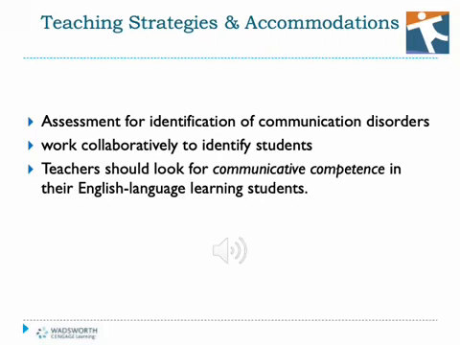Next, teachers should look for communicative competence in their English language learning students. In other words, these are children where English is not their home language. Communicative competence includes the ability to comprehend language as well as the ability to use it in a variety of contexts.